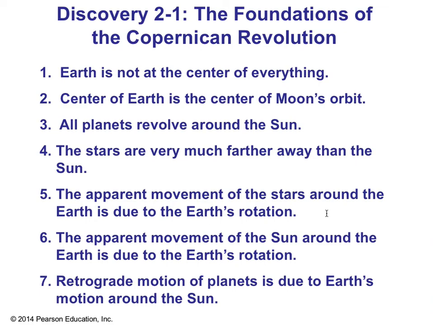The apparent movement of the sun is because of Earth's rotation. It's not because we are placed in one location in the solar system and the sun is rising in the east and setting as it goes around the planet. It's actually the other way around. And then, of course, the retrograde motion was explained already, and it is because of the motion of planets around the sun.